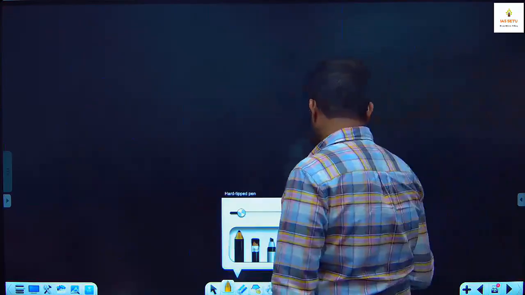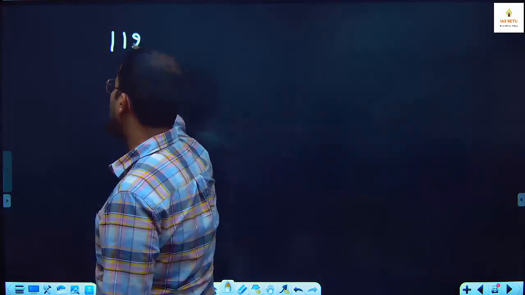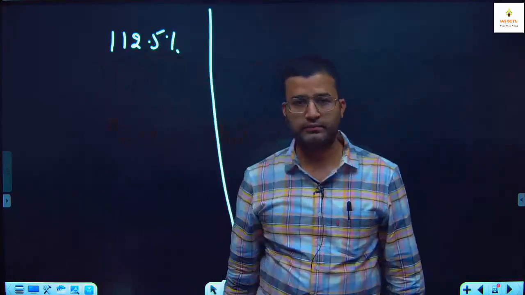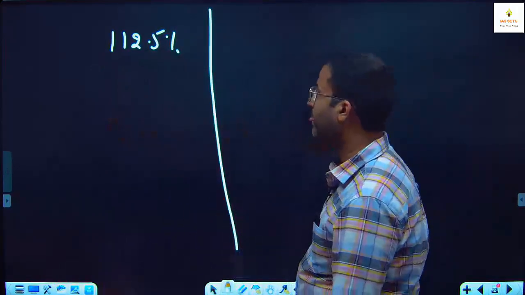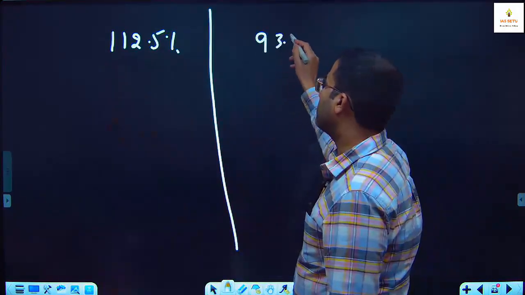Now next is, before I start the question, in my handout you will find this type of value also, 112.5%. You will get इस तरह की वैल्यू मिल जाएंगी आपको, है ना? You will get like 93.33%.